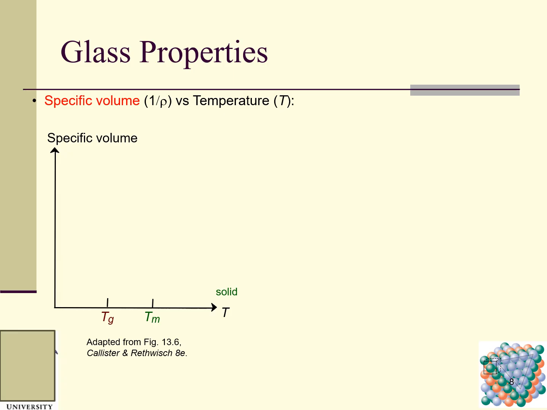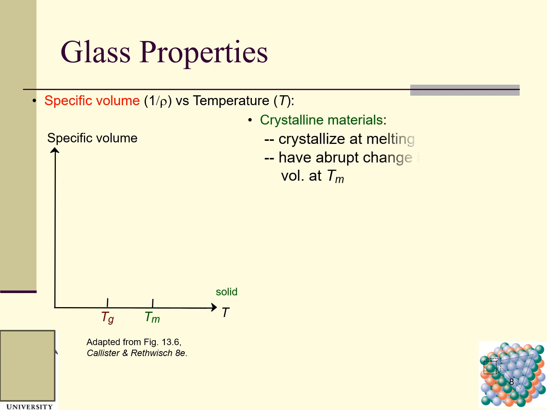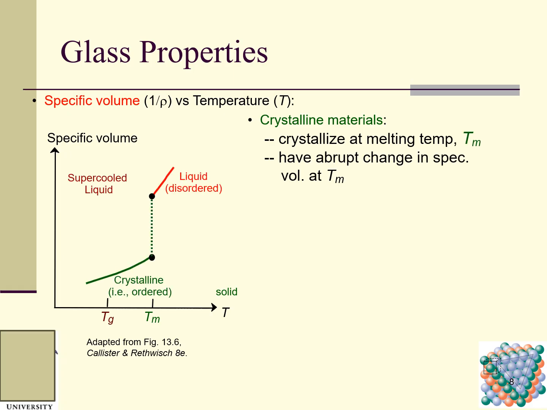Whenever you see specific, it means per unit mass. Here is the crystalline material with its specific volume, and here Tg is for glass.